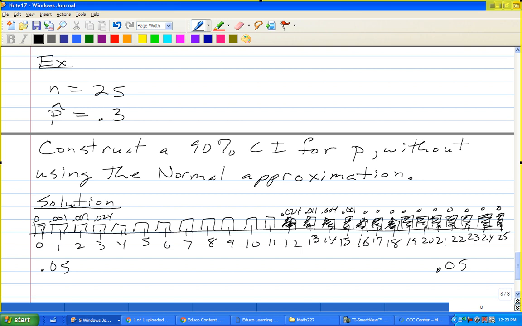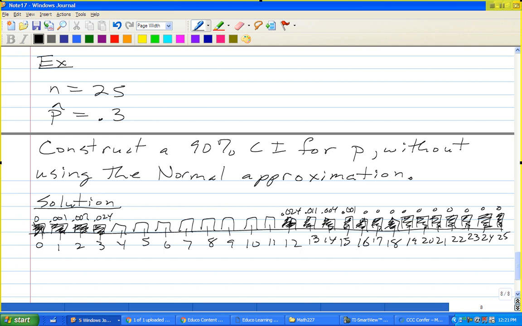Adding up all these areas, you get 0.032. But if you go any further, you'll actually get something bigger than 0.05 on each side. Each of these had like 0.054 or something, something quite huge.